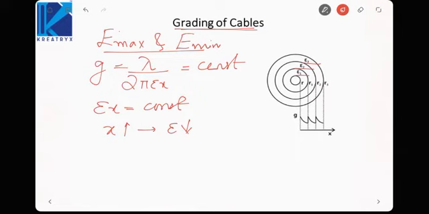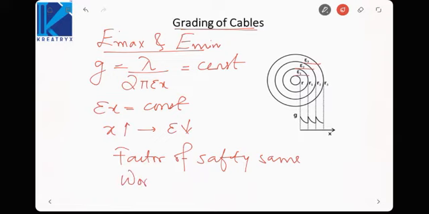Now there are two criteria. One, we can keep the factor of safety the same for all dielectrics, or the other thing that we can do is keep the working stress, or the maximum electric field, the same. Okay. Why are these criteria required? The thing is, now I give you 4 dielectrics having different permittivities.